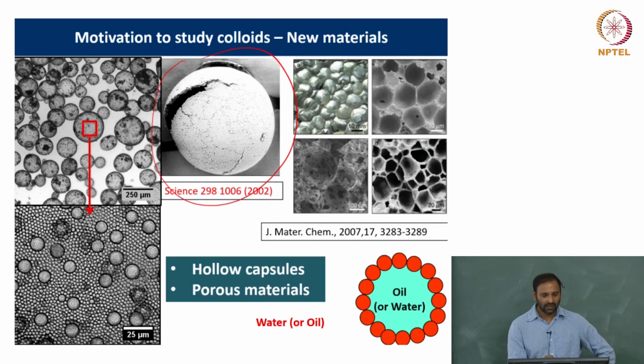These are actually made starting with particle stabilized emulsions, in which the emulsions are stabilized by a single type of particles. I take these structures and then I evaporate the fluid. I can make a hollow structure, and this empty space that is within these containers I can again use for some drug delivery applications. Or I can have several such things, I can compact them, and I can do the sintering I was talking about.